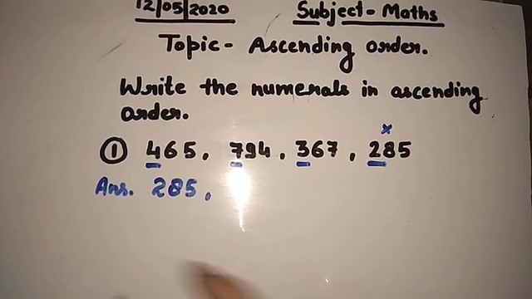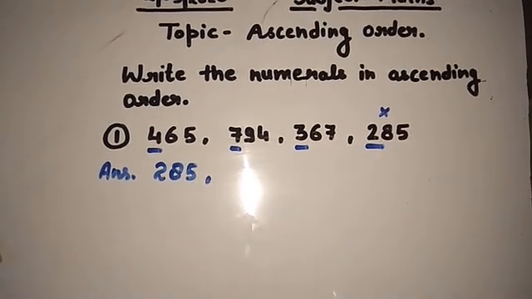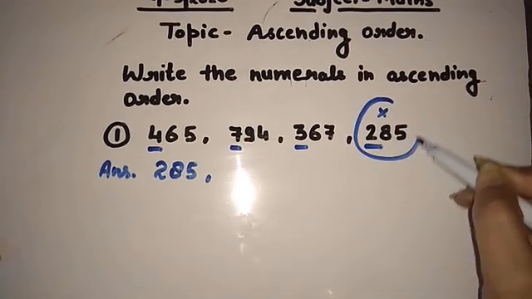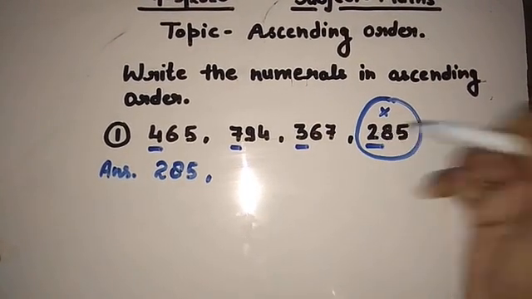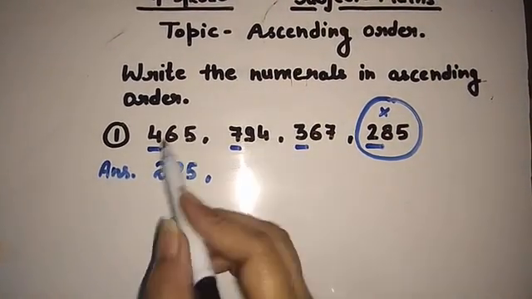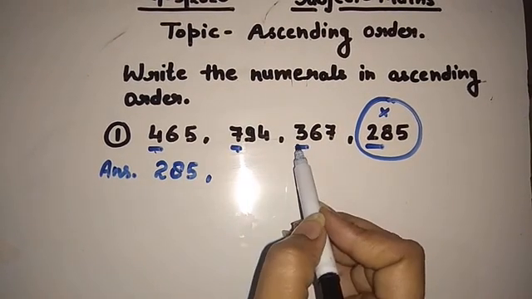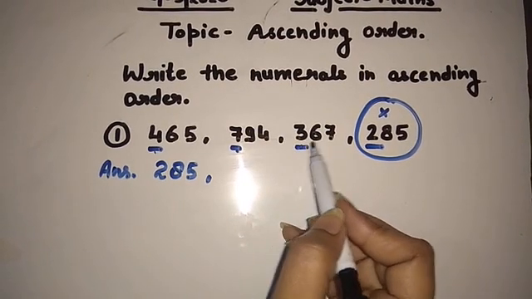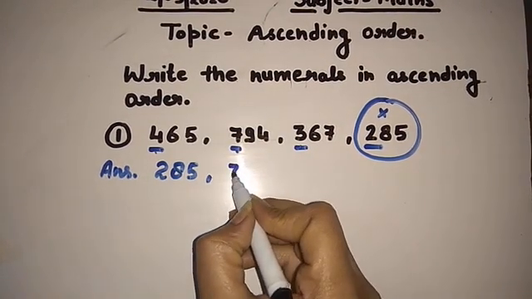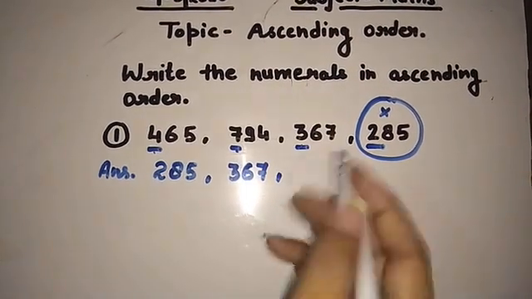After 285, the one we have already written, we skip. Now if we compare 465, 794, and 367, 367 is smaller among these three.